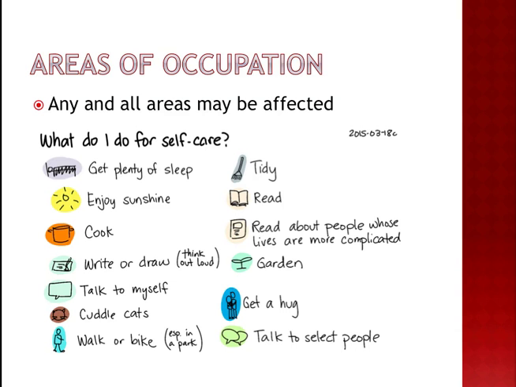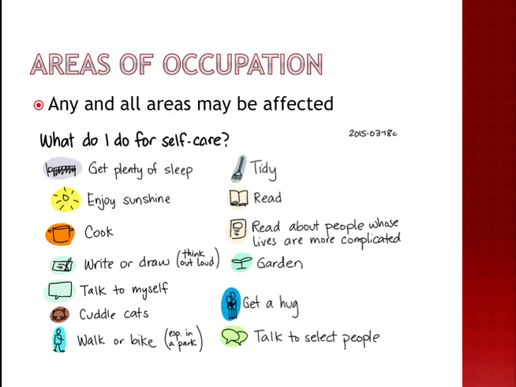They're talking about cooking and tidying, which are IADLs, cuddling cats, which could be considered leisure perhaps, or even health management and maintenance, reading, which could be a leisure interest, gardening, which may be leisure, getting a hug, which is very much social participation, as is talking to select people.